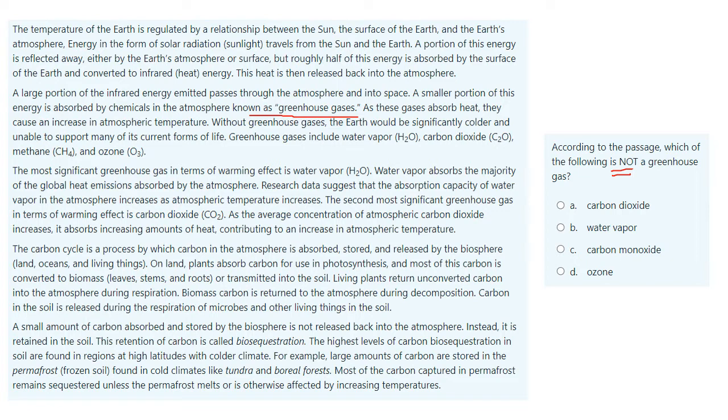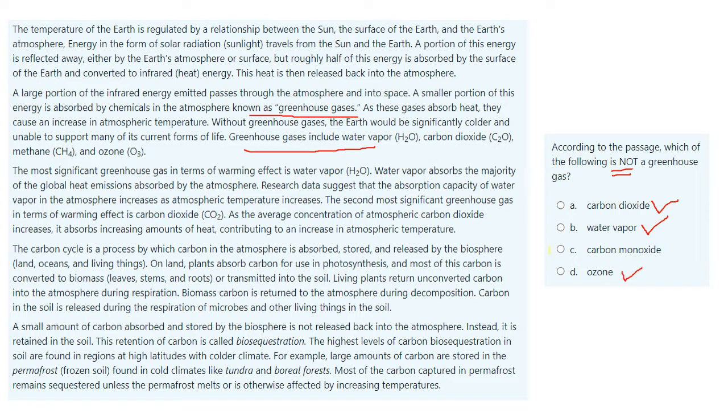So greenhouse gases are those gases that absorb the heat that is released by the Earth. As these gases absorb heat, they cause an increase in the atmospheric temperature. Without greenhouse gases, the Earth would be a lot colder and unable to support many of its current forms of life. Now, key, greenhouse gases include water vapor, that's a greenhouse gas, carbon dioxide, that's a greenhouse gas, methane, but methane's not included in this list, and ozone, so that's a greenhouse gas.